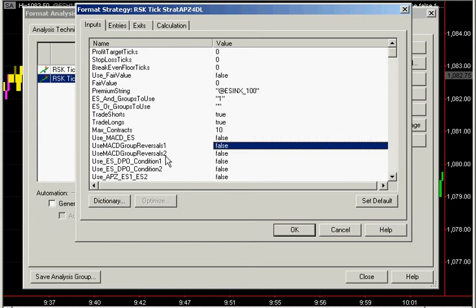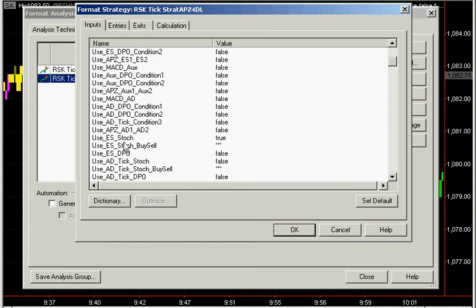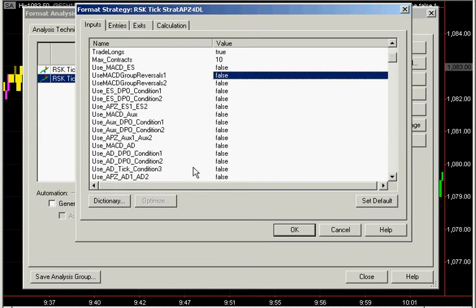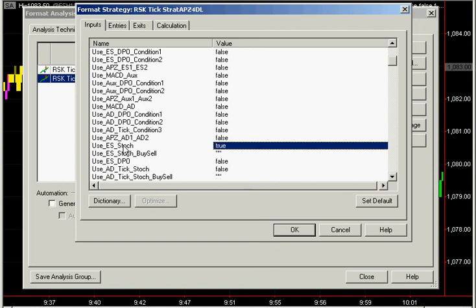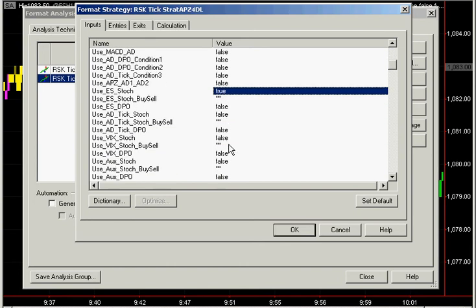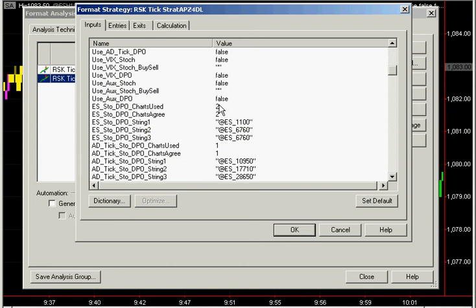Okay? So all that we're doing, notice everything is set to false here. All that we're doing is using a simple dual stochastic approach. And we're using in two charts an 1100 and a 6760 for the short trades.